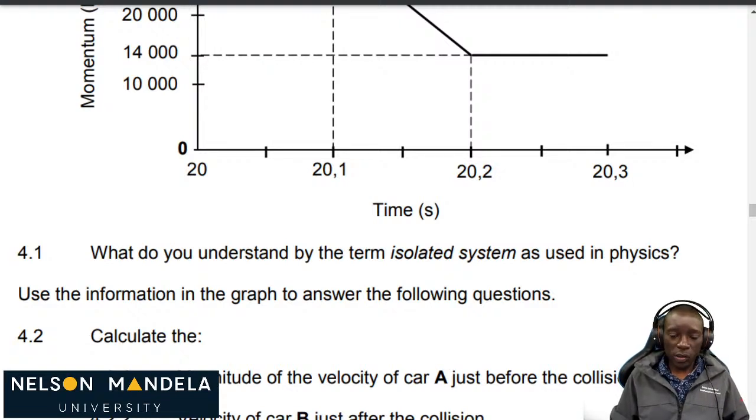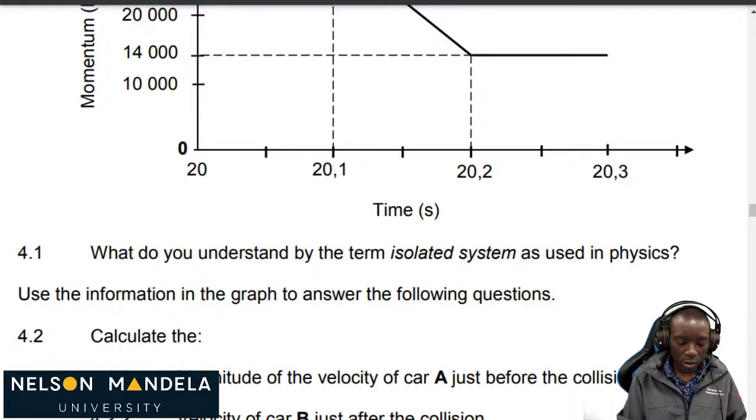Okay, so an isolated system is a system which excludes external forces. It is not under the influence of any external forces. Or if external forces are there, then the net external force on that system would be 0.